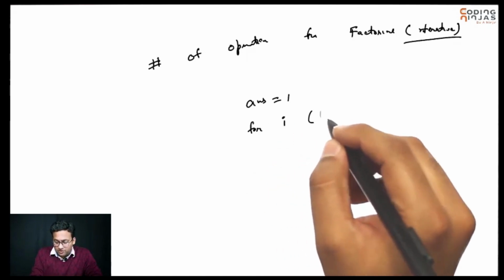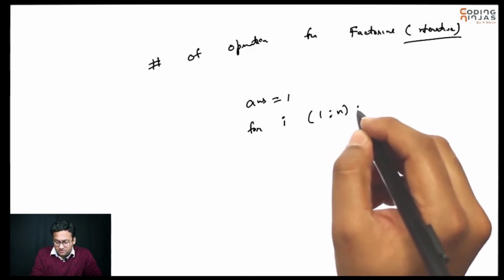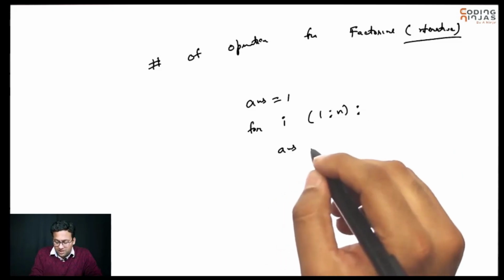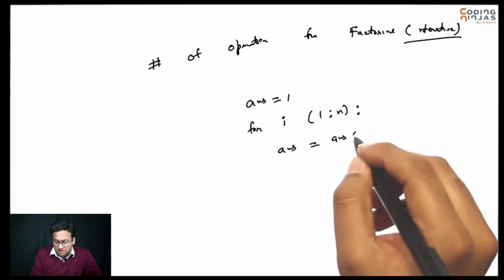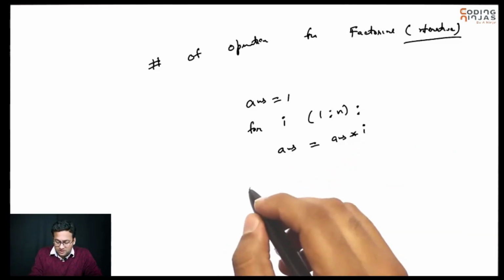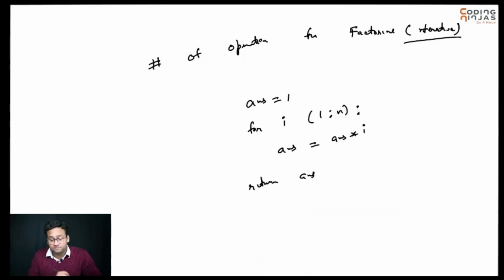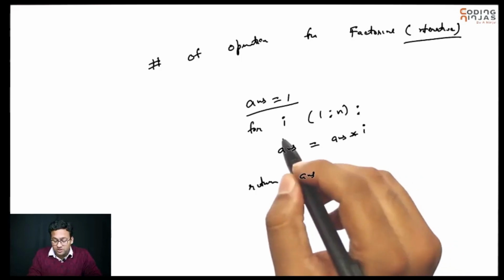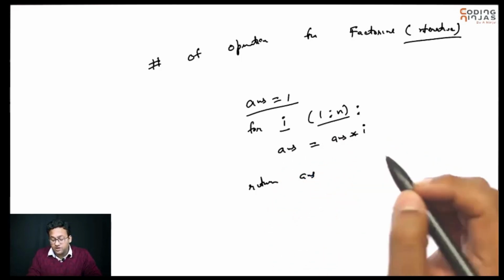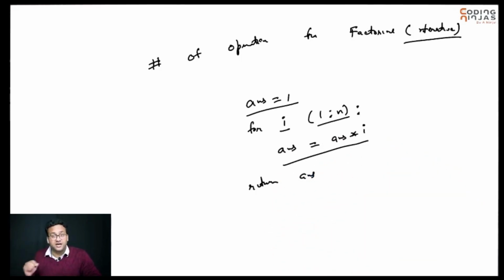For I going from 1 to n, we do answer is equals to answer into I, and then we can return answer, right? So we start with answer is equals to 1, we take an I which goes from 1 to n, and we keep multiplying this I into answer, and we eventually return our answer.